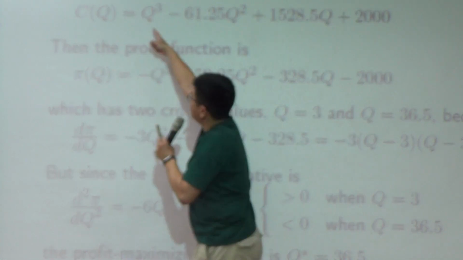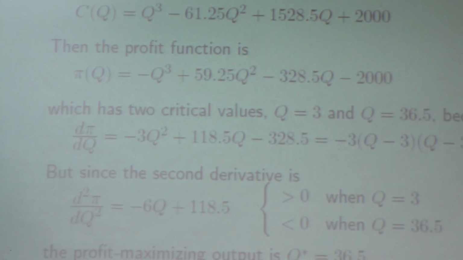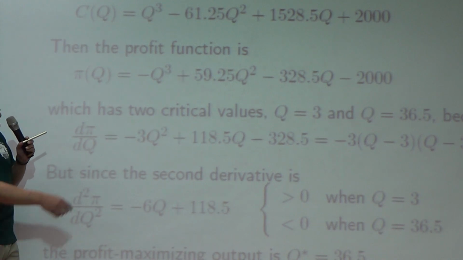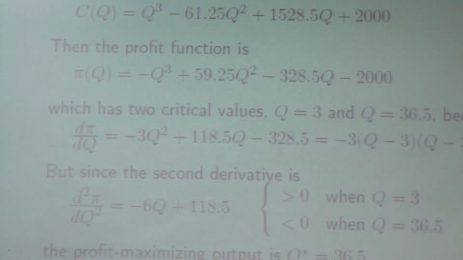And the first three terms consist of a total variable cost. The total variable cost consists of the first three terms, and the last one is total fixed cost. Okay?